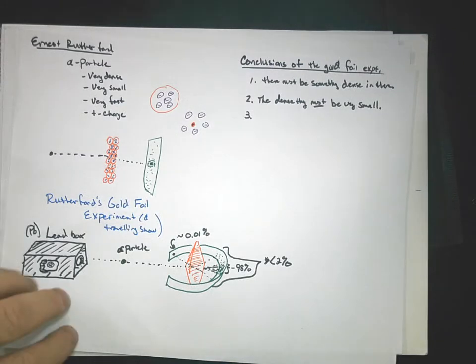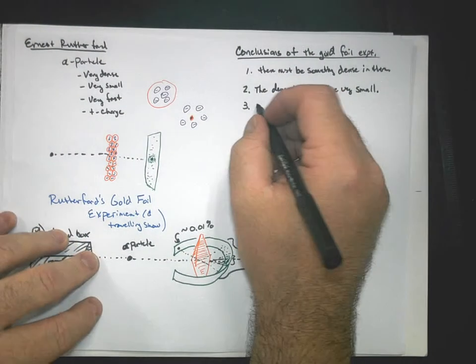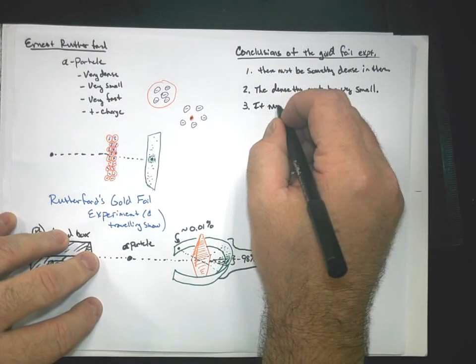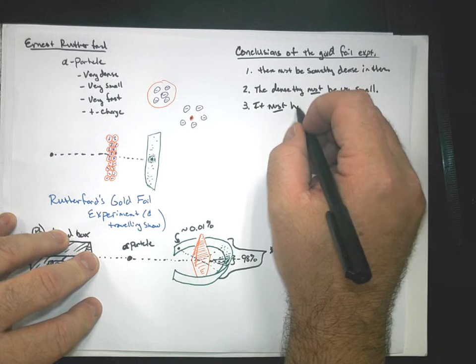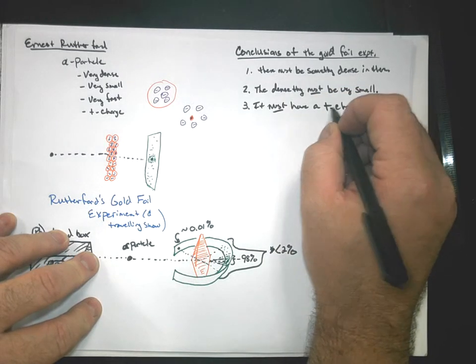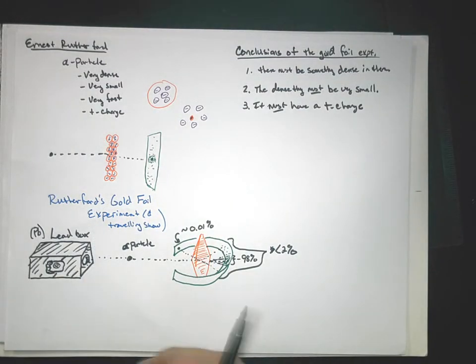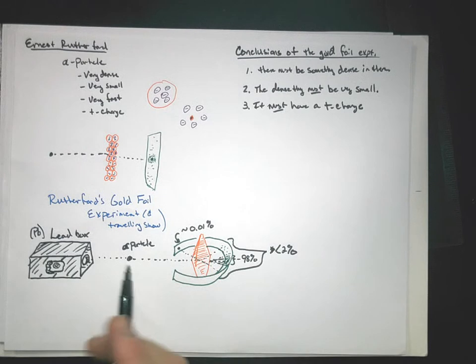Positive. The dense thing must have a positive charge, because we already know what the negative charge is. The negative charge is from the electron, so it's got to have a positive charge.